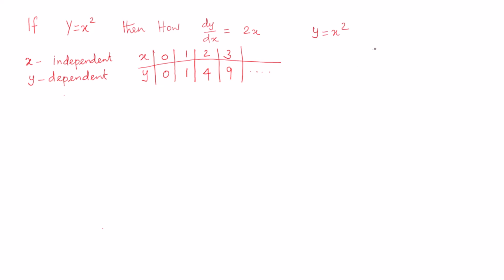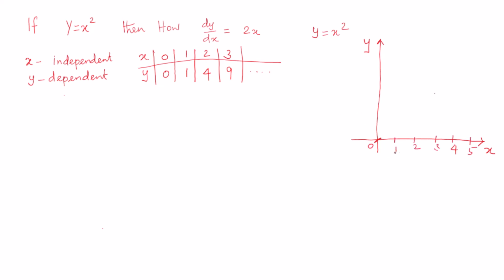So if you plot the graph, this is x. The independent variable will be on the horizontal axis. The dependent variable will be on the vertical axis. So x equal to 0, y equal to 0. So this is the point, origin. x equal to 1, y equal to 1.